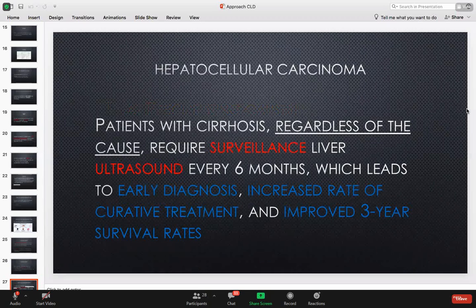Any question, guys? We do imaging checks lifelong, each 6 months.